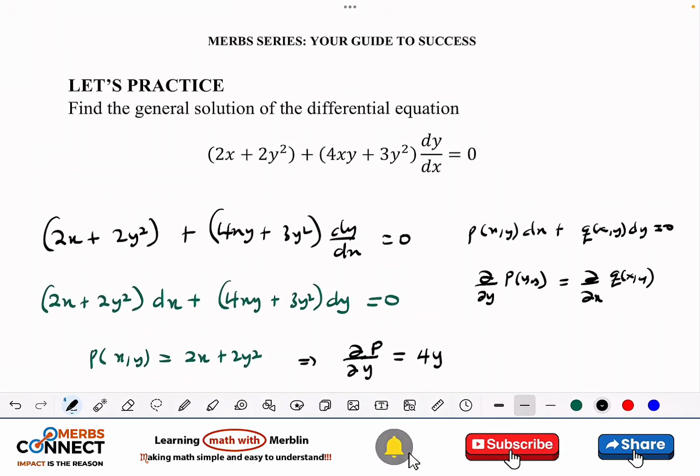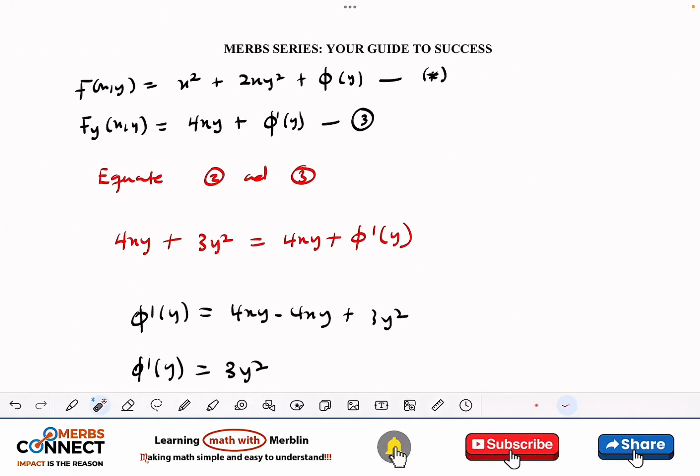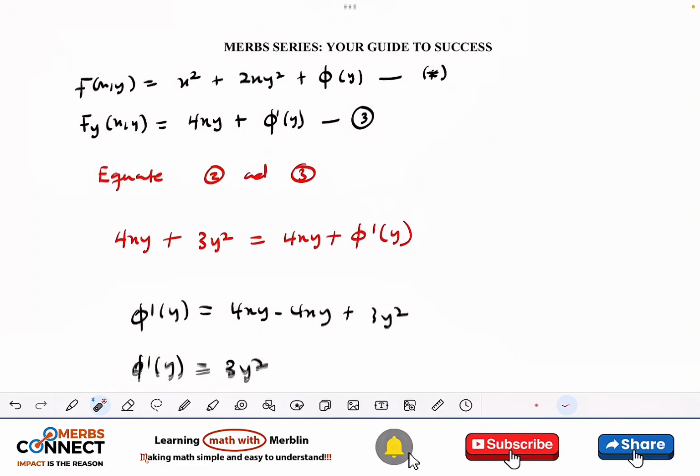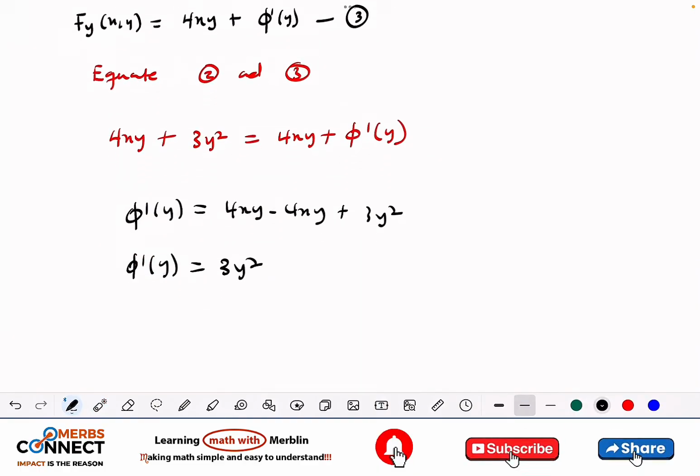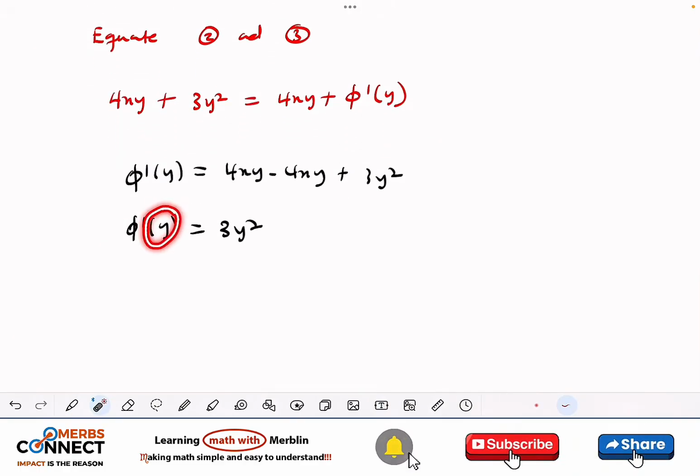But the question is, look at equation star. We are looking for phi of y, not phi prime of y. So what we need to do is get away with the prime. For us to get away with this, we need to integrate. Now the function is in terms of y, so we are going to integrate this with respect to y.